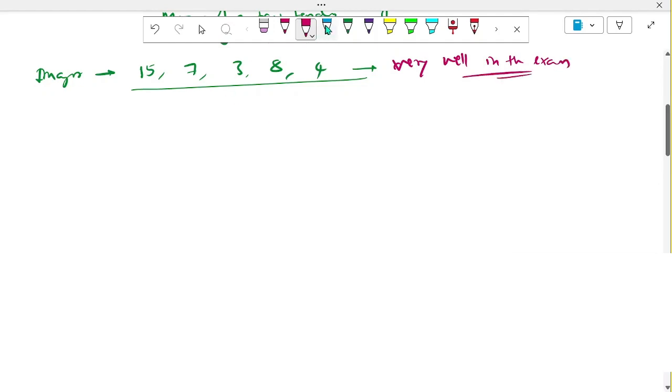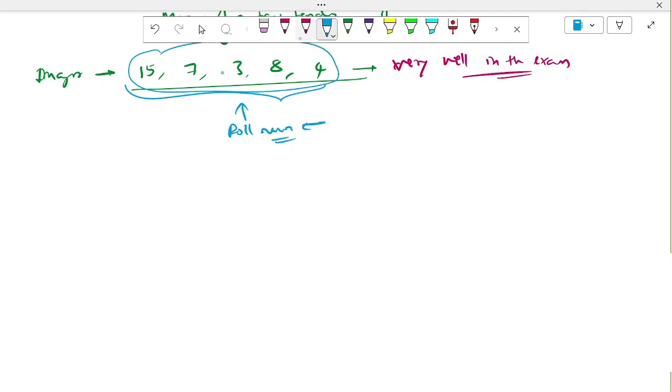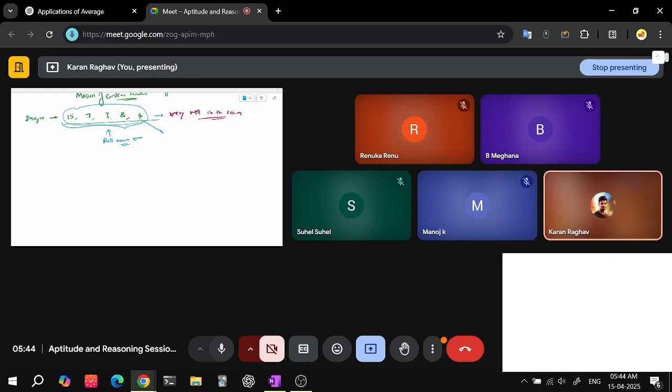So you are asked to find the average of these roll numbers. Can the average of these roll numbers help you identify some problem, or does it give any useful information? Is finding the average of the roll numbers having any use case, or does it help you to do something?